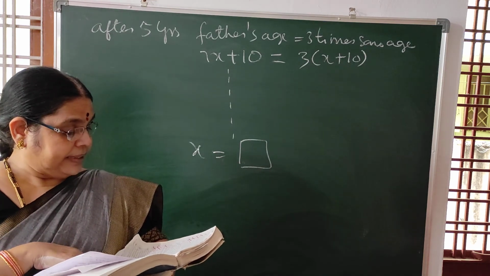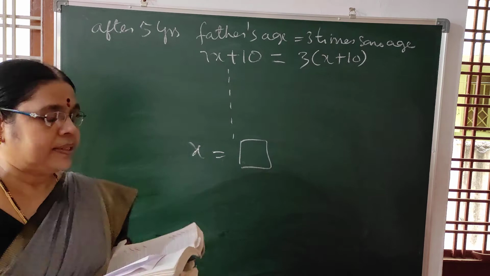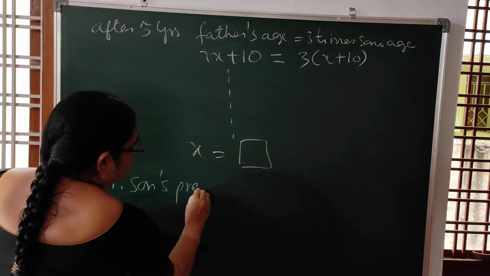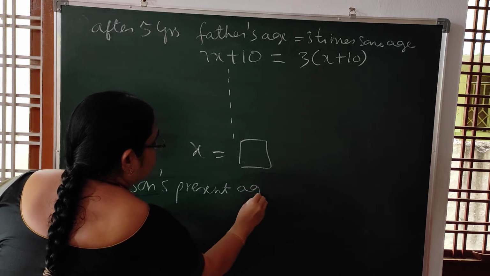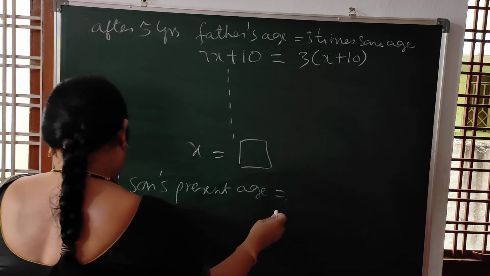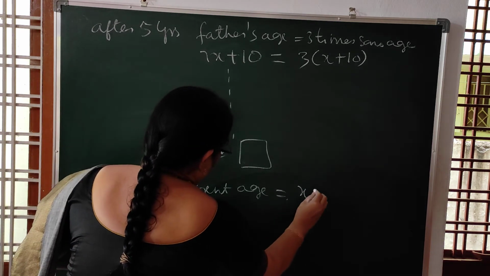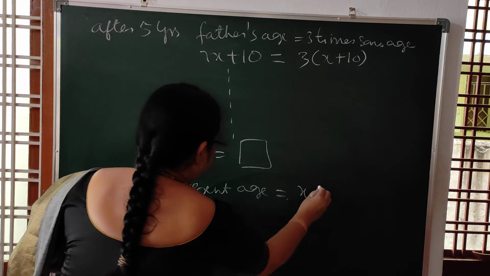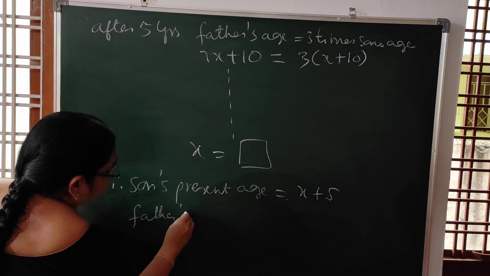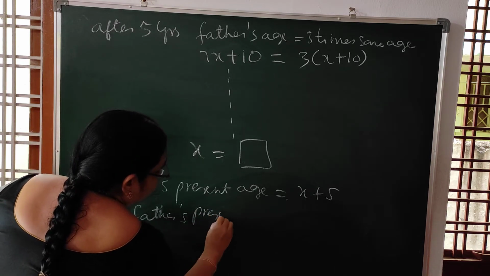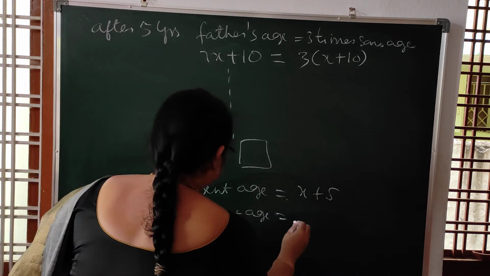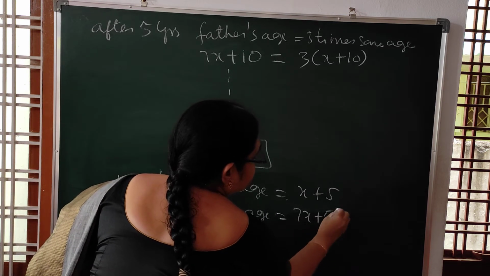What are you asked to find here? Find their present ages. Therefore, son's present age is x plus 5 years, and father's present age is 7x plus 5 years.